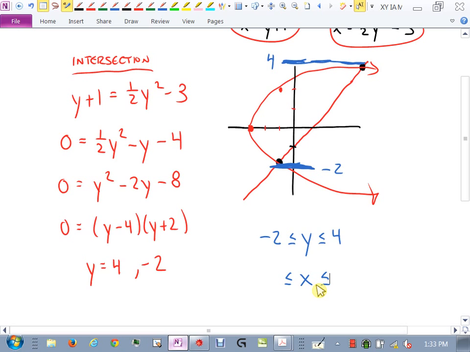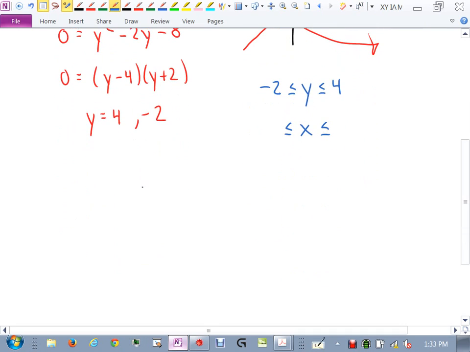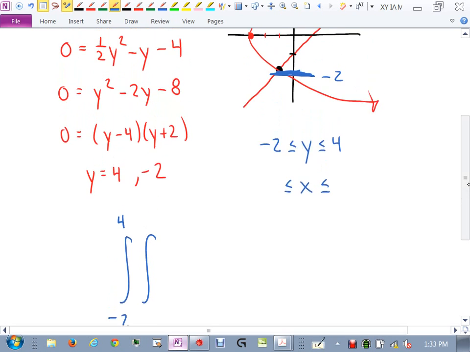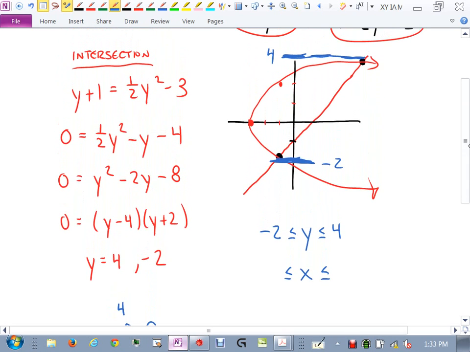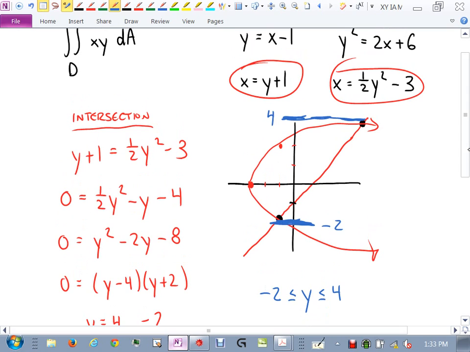No? Okay, let's see if we can just write down the double integral. Okay, -2 to 4. Which one comes first? This parabola, which is this one, right? That would be our lower limit. And then the upper would be this line.